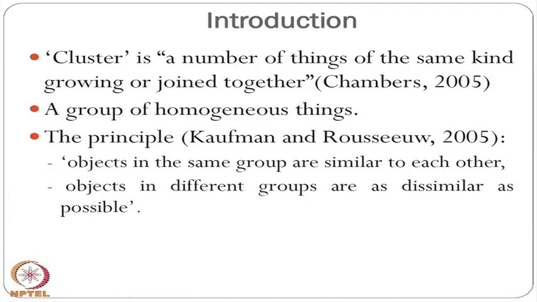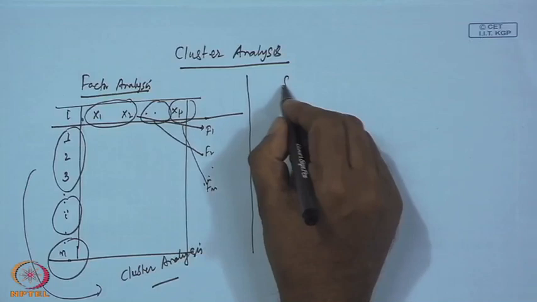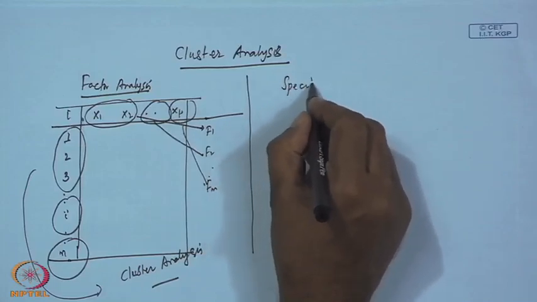Let us define what is cluster. If you see the Chambers dictionary 2005, the definition is: a cluster is a number of things of the same kind growing or joined together. For example, all of us know the different species from biology.